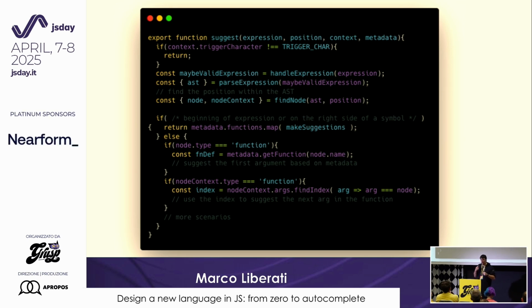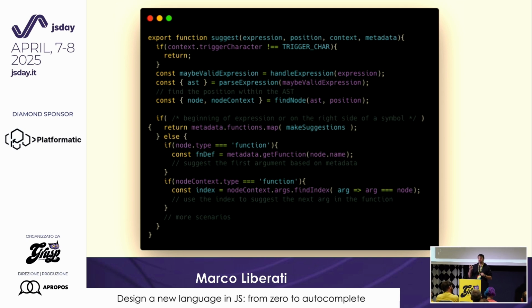After this, after we got the AST, we got the cursor position, and we try to find the node within the AST and get that. Sometimes the fake marker is the actual node, and we have to handle that, but we will get a node context.